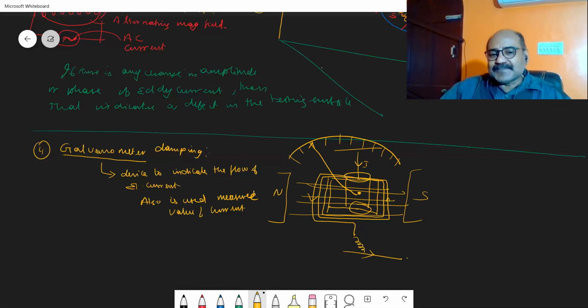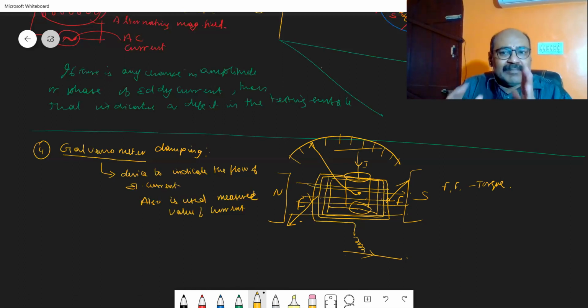So the current passing through the coil inside the magnetic field produces a force called the Lorentz force. The force acts on both sides of the coil. On one side it acts outwards and on the other side it acts inwards. Because of these two forces, F and F, on this coil you get a torque. The torque makes the coil rotate.